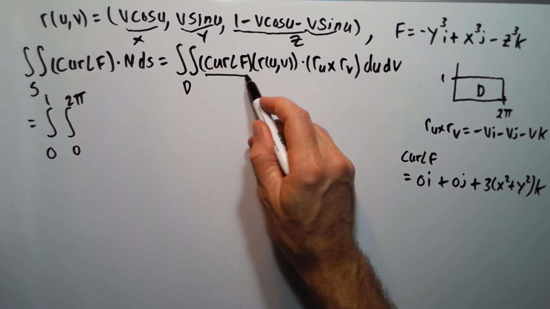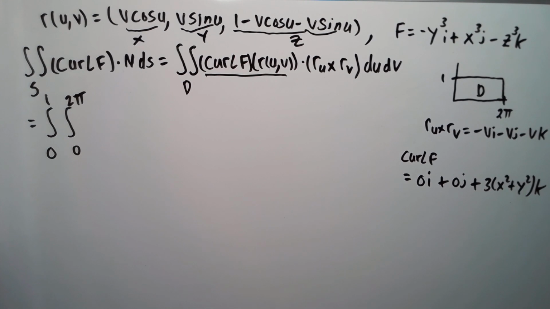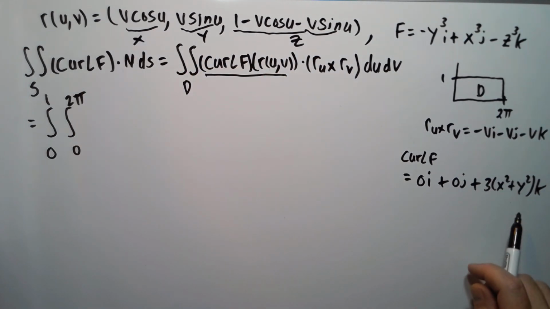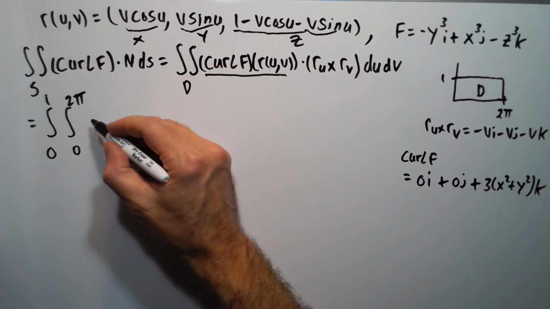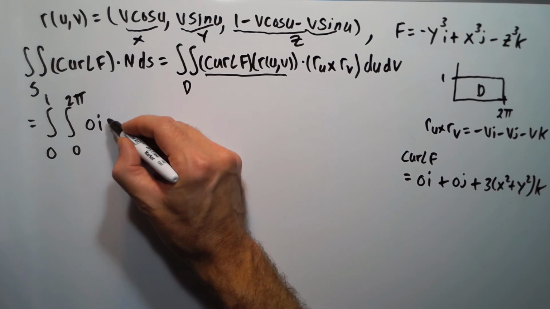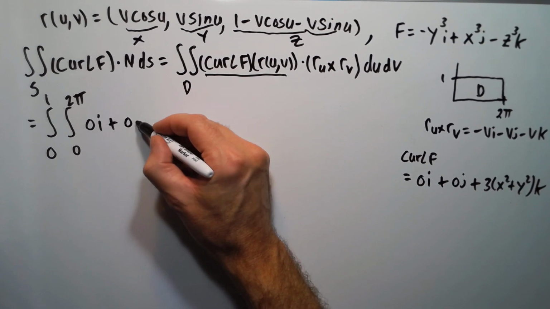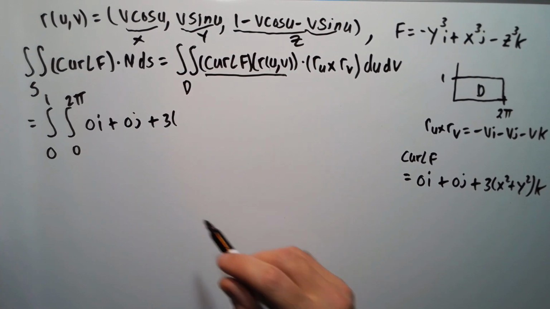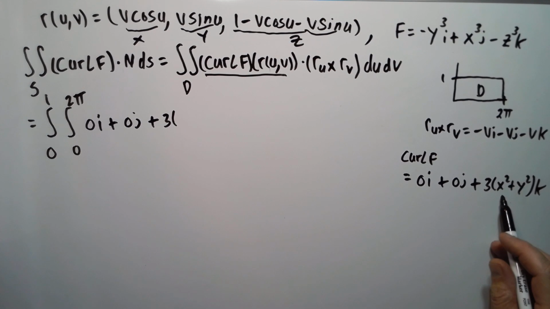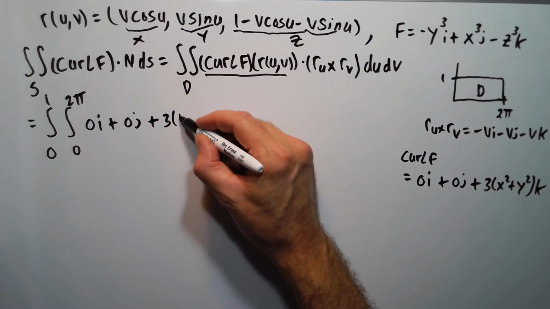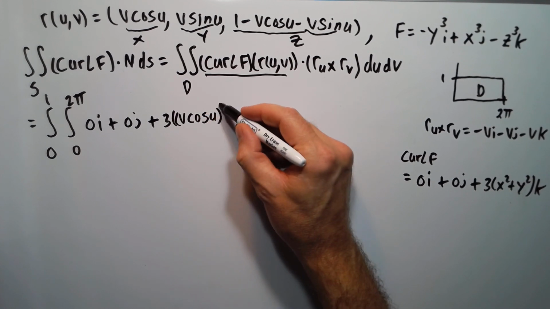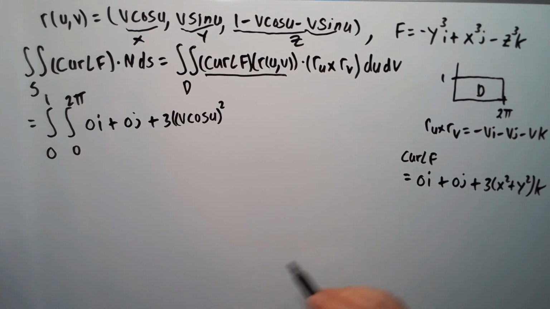Then we'll have the curl composed with r of u v. So here's my r up here, and here's my curl over here. So it's going to be 0i plus 0j plus 3 times, in place of x, now I'm going to put v cosine u squared, plus y squared.